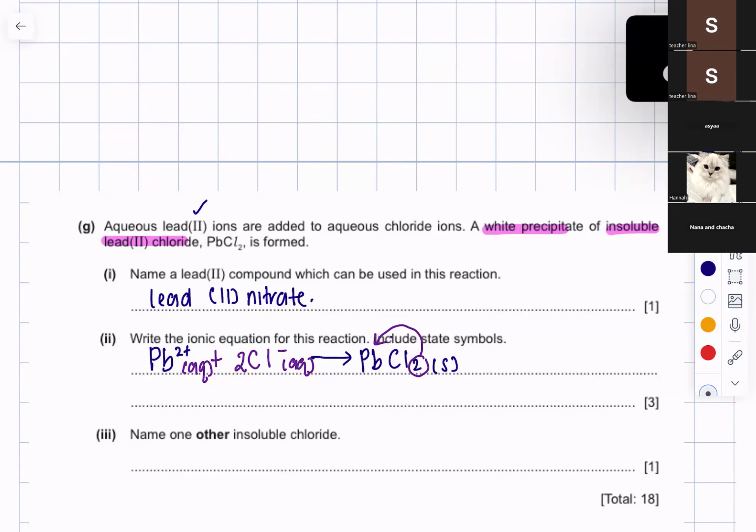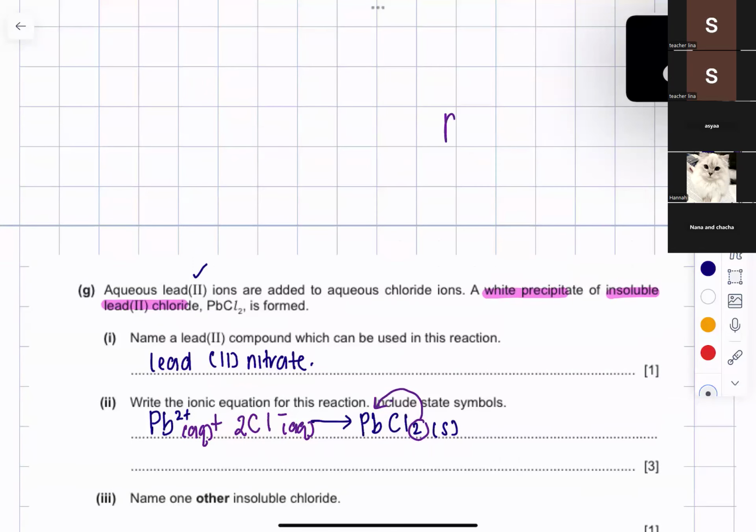Aqueous. Ion aqueous. Okay, if I say lead-2 iodide, PbI2. So what are the ions, Asha? What do you mean by ions? The ionic equation for lead-2 iodide. Pb2+ plus I negative.